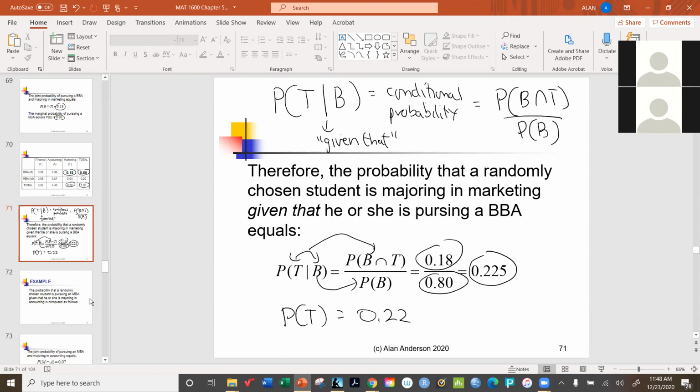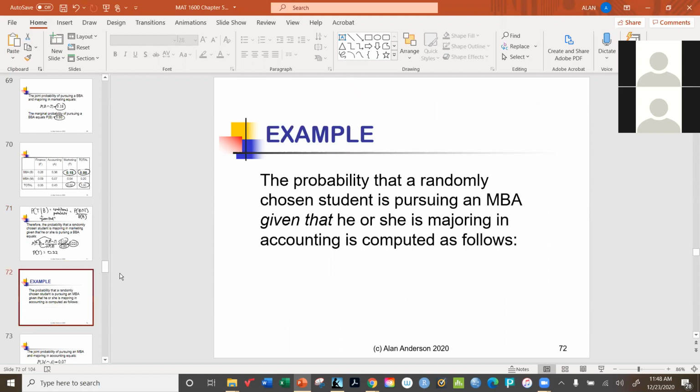Beautiful. So let's do another one. How about this one? A randomly chosen student is pursuing an MBA given that he or she is majoring in accounting. In other words, I've randomly picked an accounting major and I want to know the probability that this person is getting an MBA.